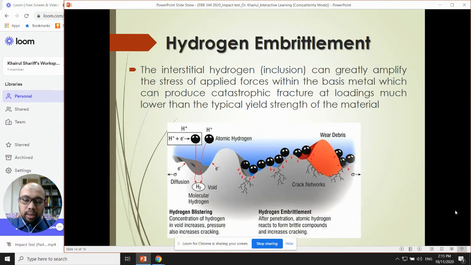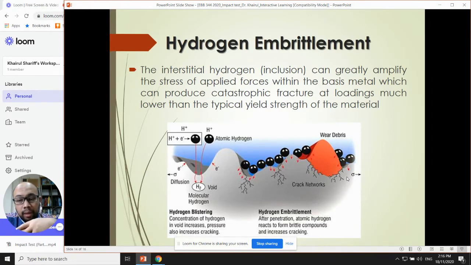Okay, the keyword here is that hydrogen can attack the surface of the metal easily, especially in this diagram, as you can see on my screen. If the surface of the metal has a crack or defect, I think the rate of hydrogen penetration or attack towards the surface of the metal might increase drastically.